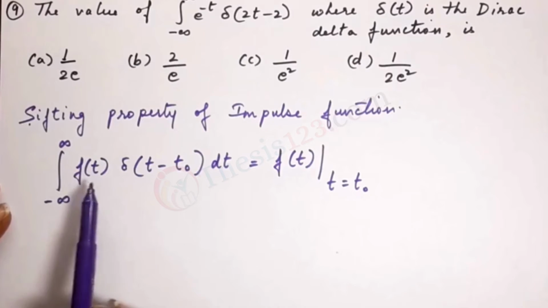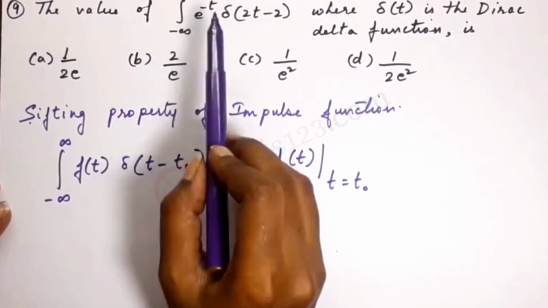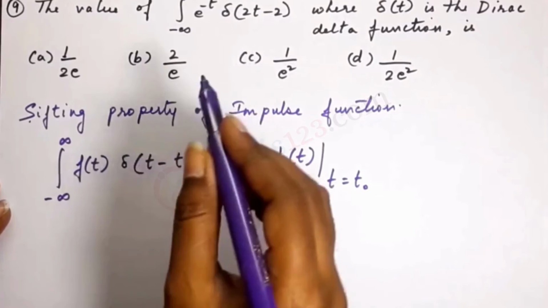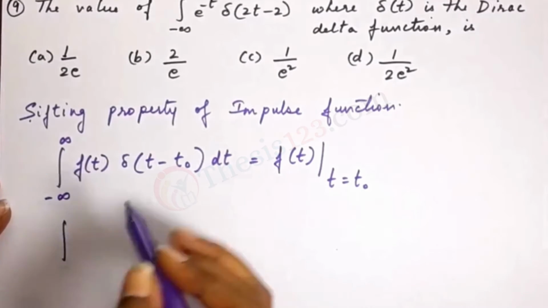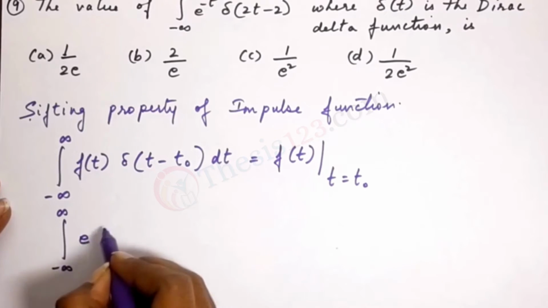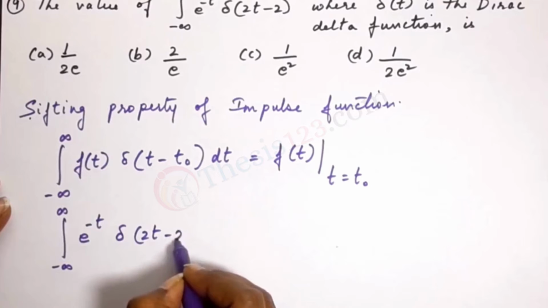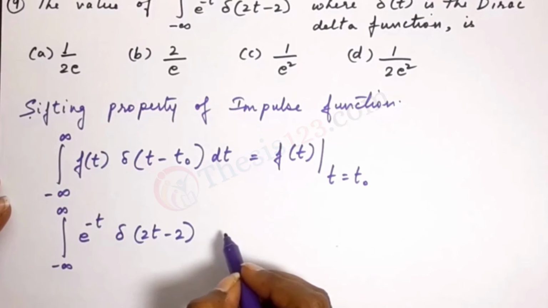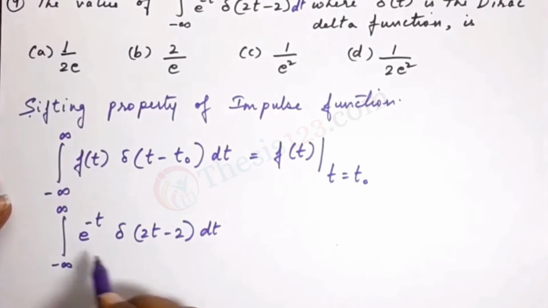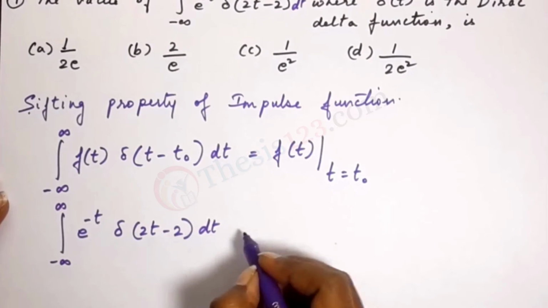Now if you observe the left hand side of the property and the function given to us, you will see that it is very similar. It is exactly the same, so we can actually use it. So this is the integral from minus infinity to infinity of e power minus t delta 2t minus 2 dt. I think I missed a dt here. Let's simplify this further.